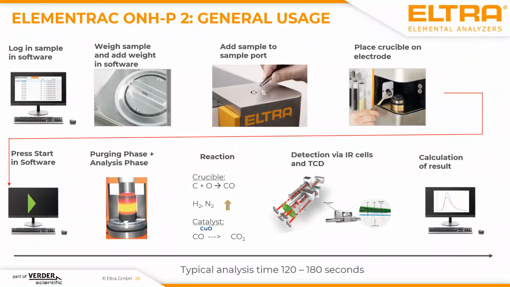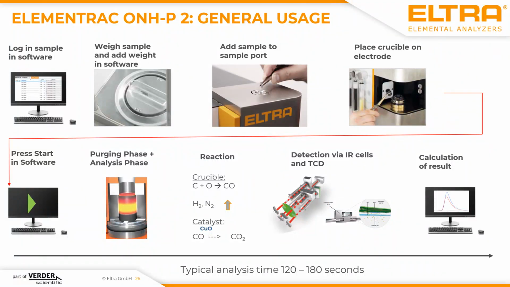In daily practice, the analysis of oxygen, nitrogen, and hydrogen is pretty easy. You just log in your sample in the software, weigh your sample, apply the sample to the sample port, and put your crucible on the lower electrode tip, and all further steps are done by the analyzer.